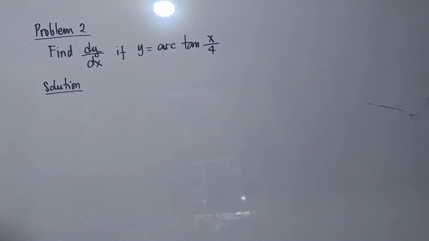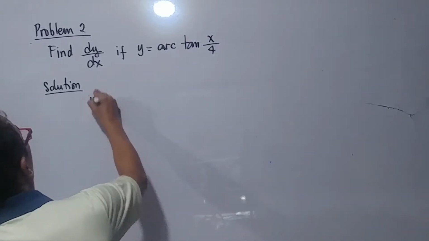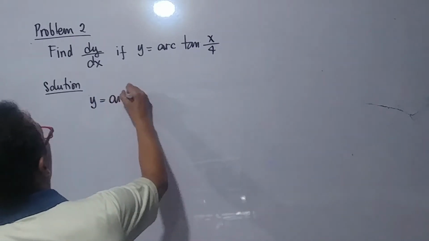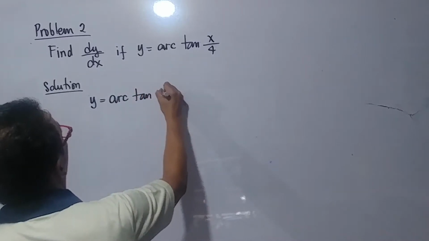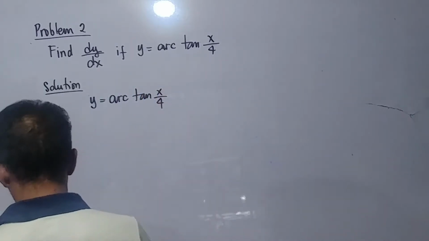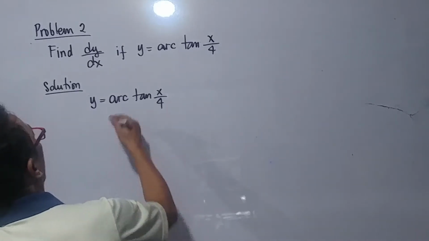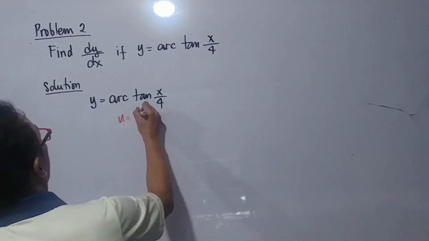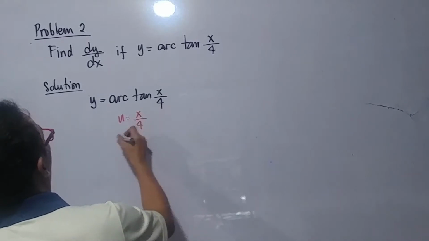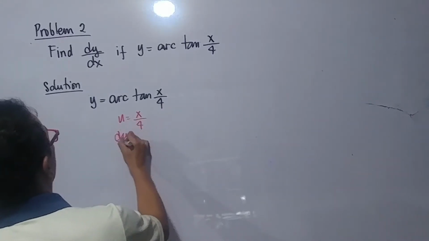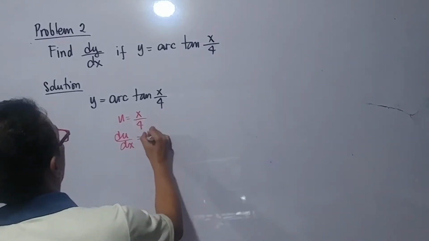So our problem number 2 is find dy dx if y is equal to arc tan of x over 4. So to solve it, we have now y equals the arc tan of x over 4. So here, our u is x over 4. Our du dx is equal to 1/4.